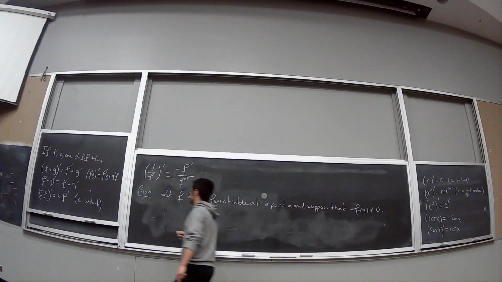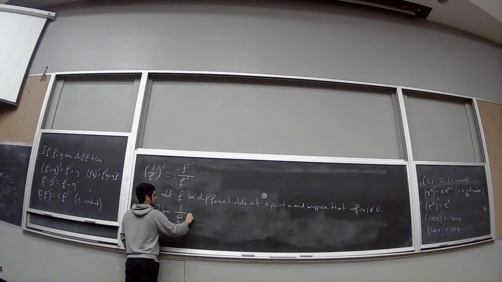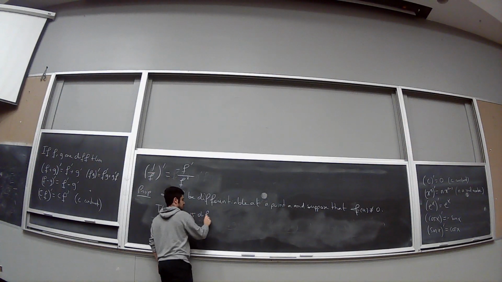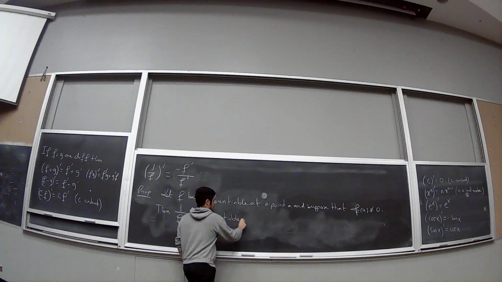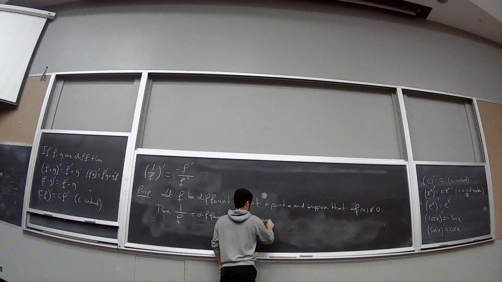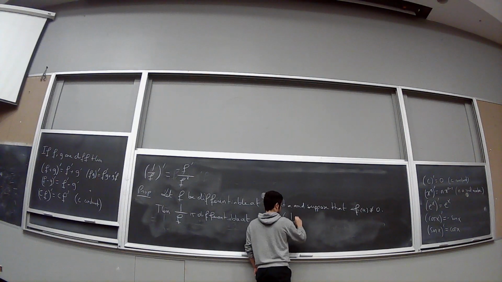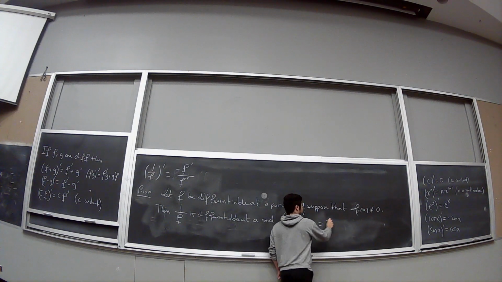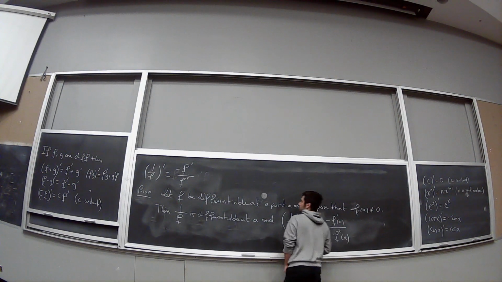Then 1 over f, the reciprocal of f, is differentiable at A, and (1 over f) prime of A is minus f prime of A over f squared of A.